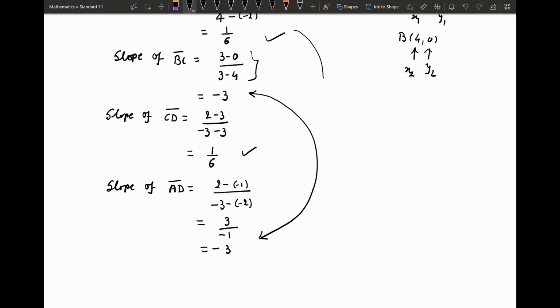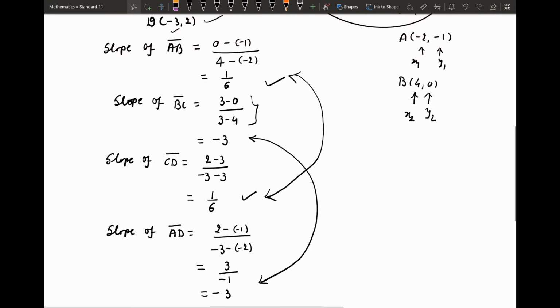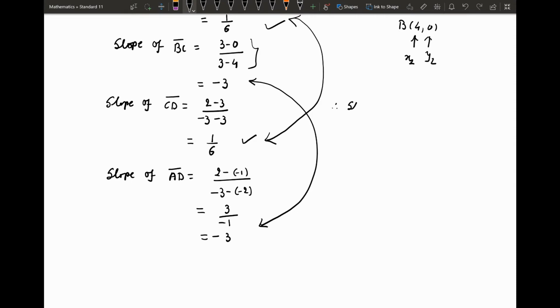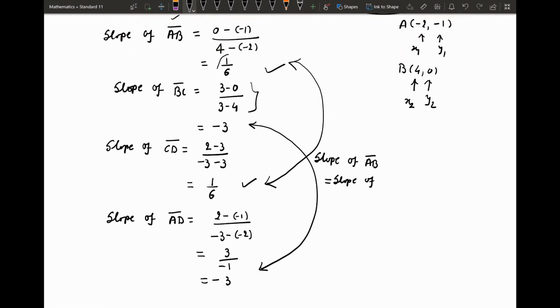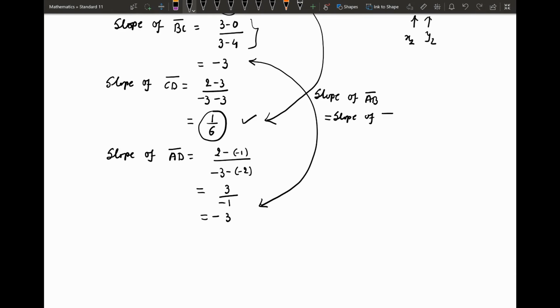So now, slope of line segment AB equal to 1 by 6, slope of line segment CD is also 1 by 6.